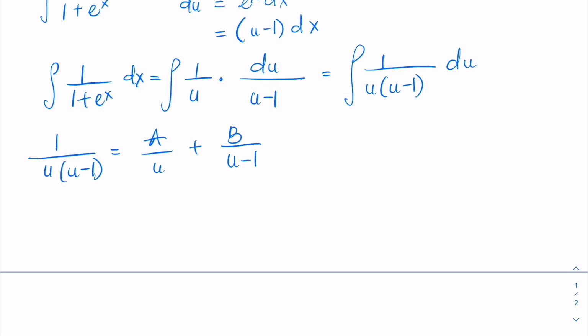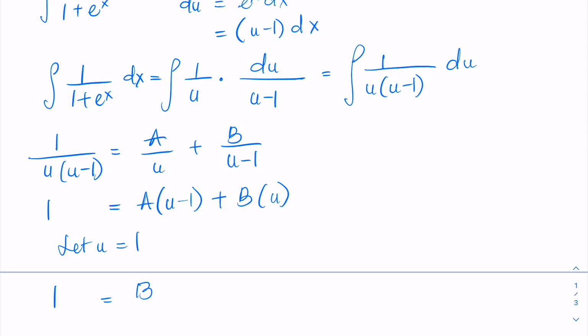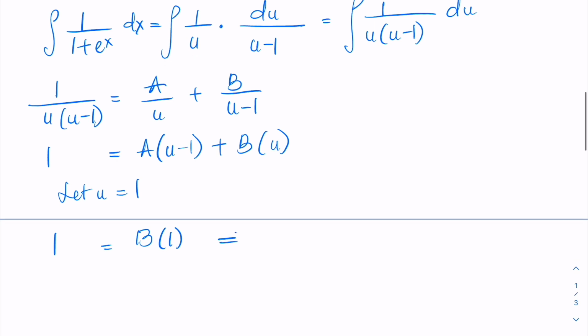So I'm going to get 1 for A. I ended up with u minus 1. For B, I ended up with u. Okay? So if I let u be 1, I get to cancel out this one right here. So I'm going to get 1 equals B times 1. So you can see that B is 1.